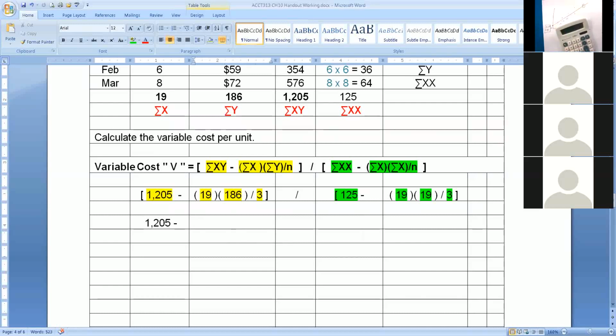$1,178. Don't forget to divide by 3. There, that's all.